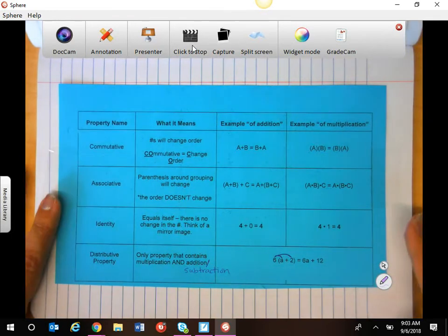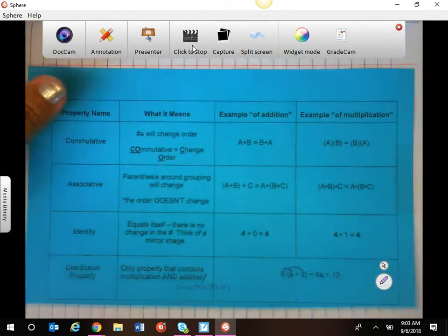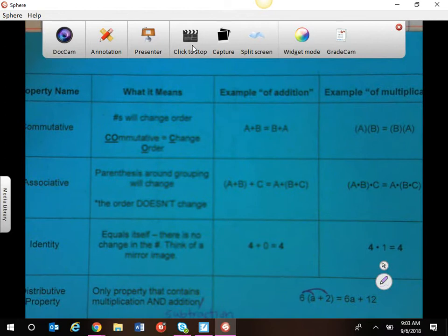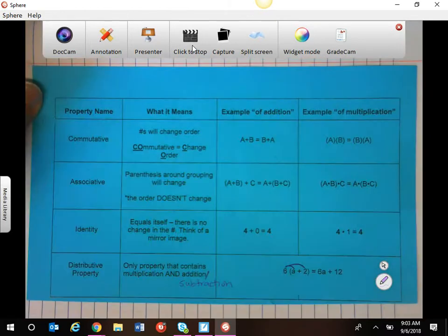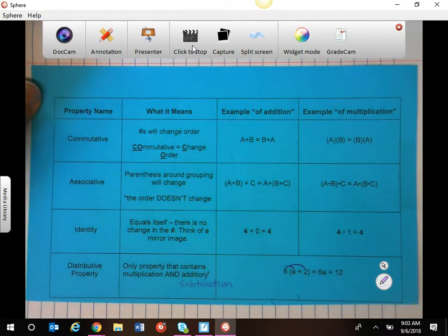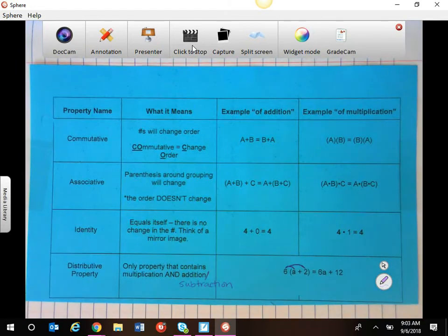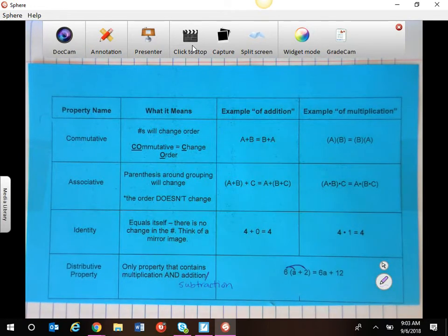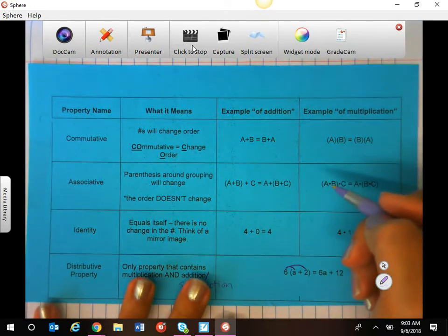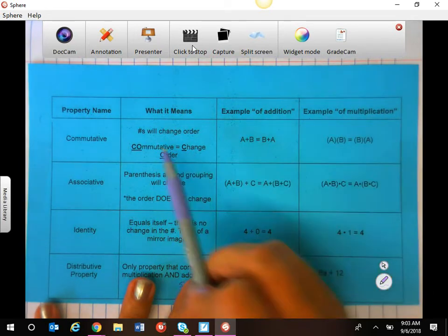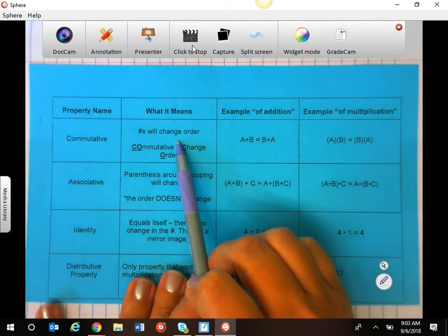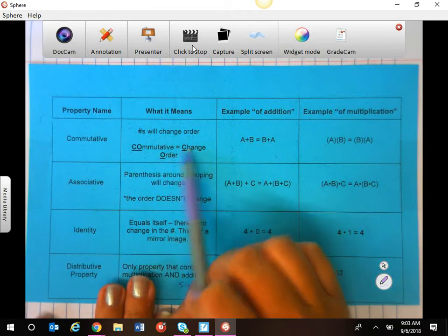Now, some of our other properties, commutative, I want you to think about when your parents commute, or they're driving, right? They go from work to home and home to work. So the numbers can change order. So commutative, change order.